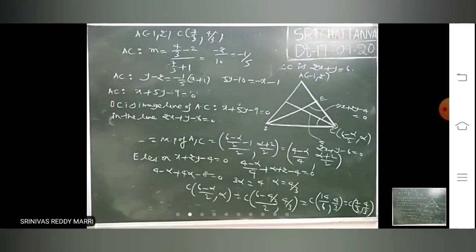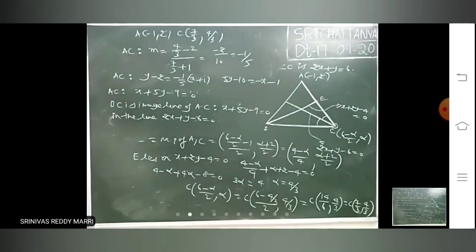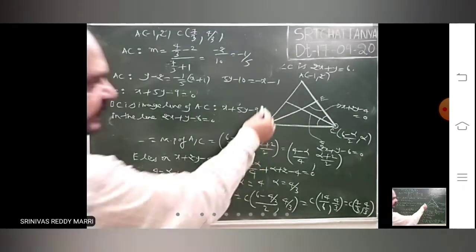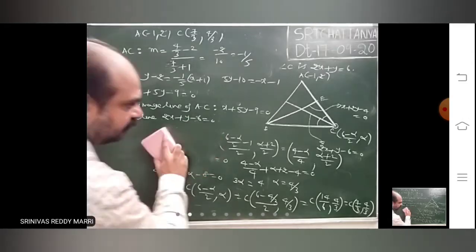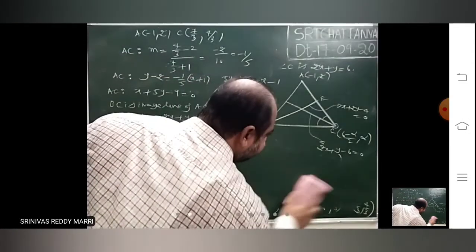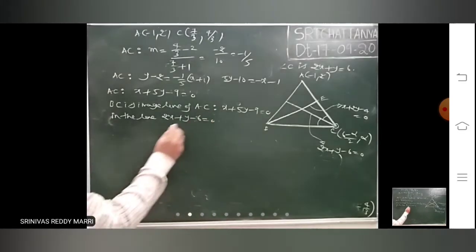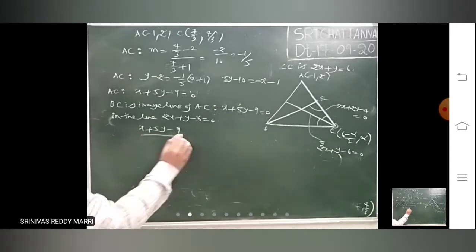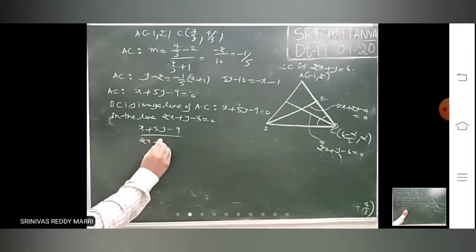This is given. Look at the angular bisector, you know one line, you have to calculate the other line. That means the image line of this with respect to the given one. This angular bisector is given: 2x plus y minus 6 equal to 0. That means what is the image line formula? Image line is nothing but x plus 5y minus 9 line divided by the angular bisector.